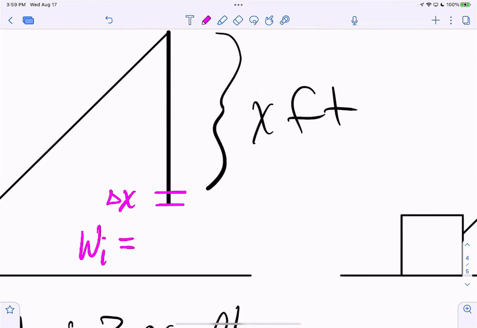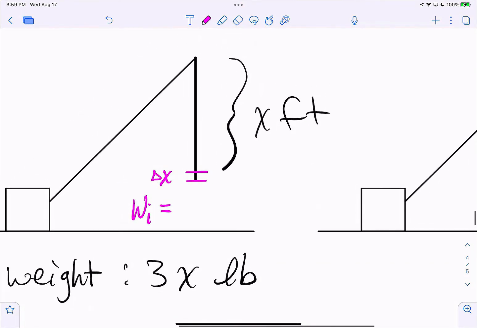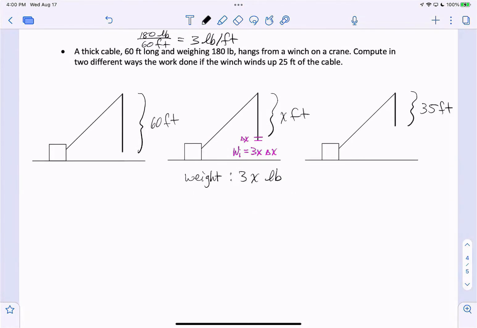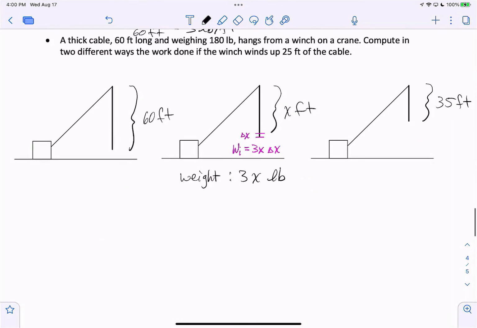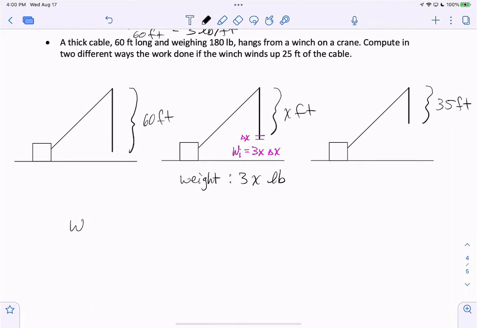Work done moving it that incremental distance is I'm taking 3x pounds and moving it delta x feet. That of course is going to translate to an integral, so the work is equal to the integral of 3x dx.